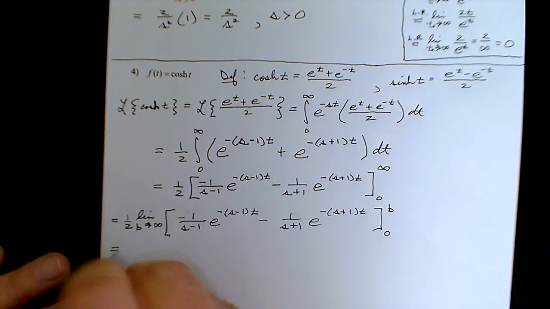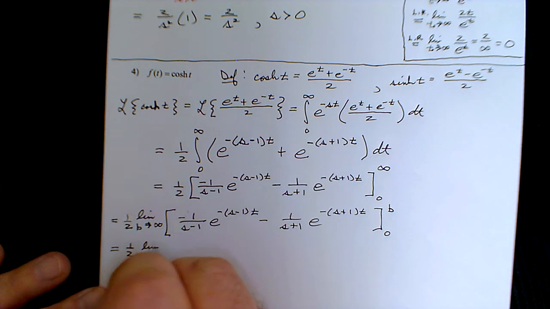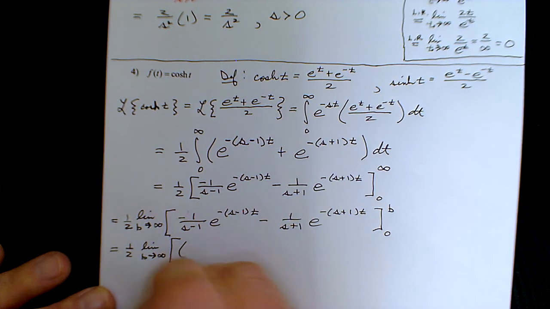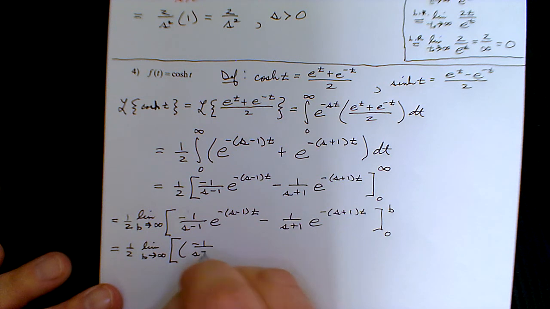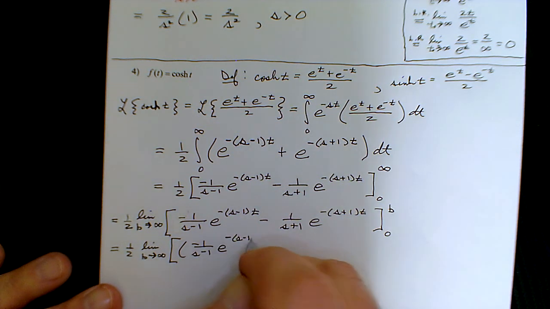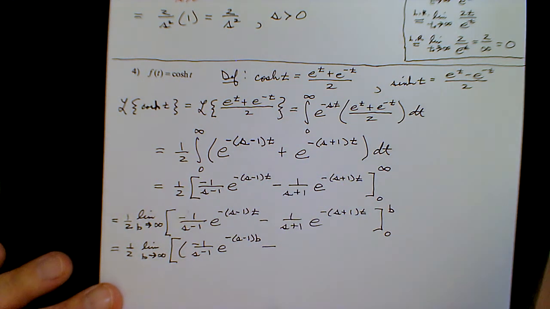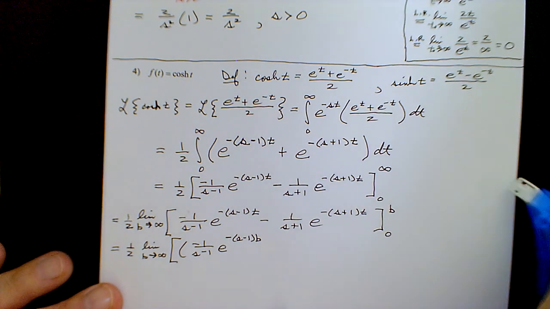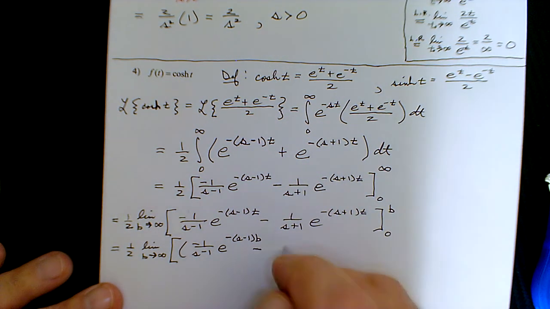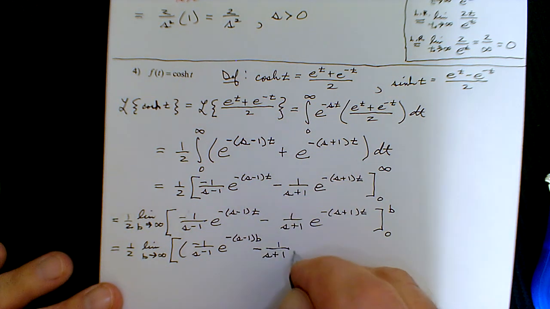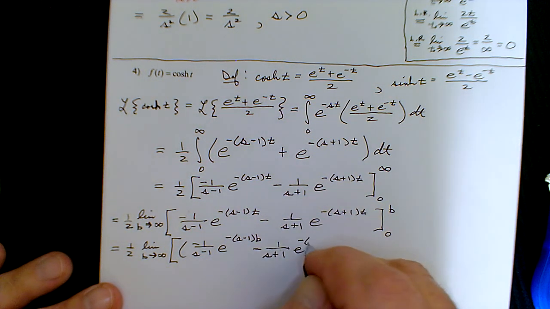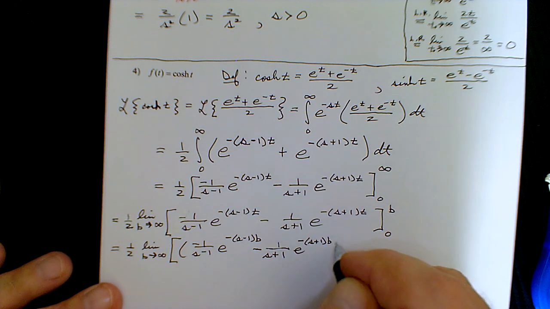Okay, now the fundamental theorem. So now 1/2 limit as b tends toward infinity. Okay, upper limit goes in, so we get negative 1 over s minus 1 e to the negative s minus 1 times b, minus this term, 1 over s plus 1 times e to the negative s plus 1 times b.